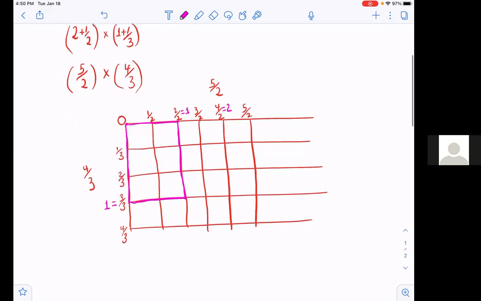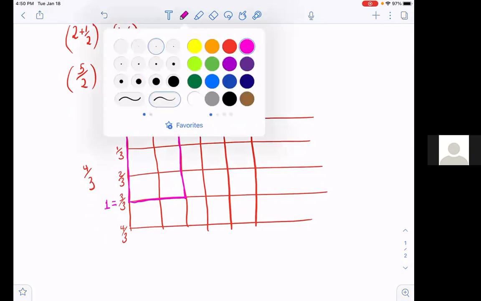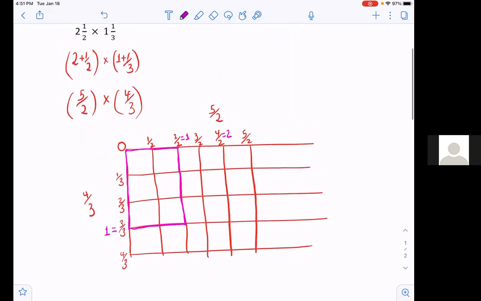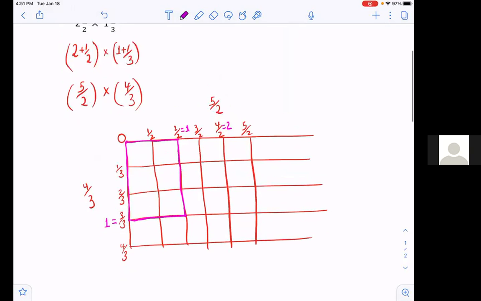Now, let us find the final answer for this question. So we need the numerator and we need the denominator.